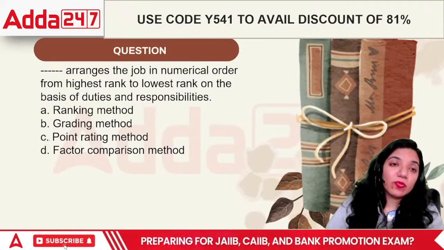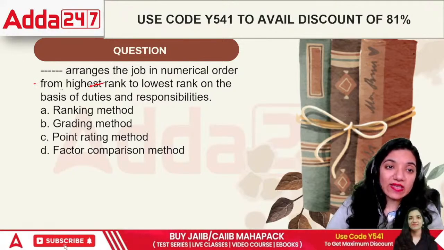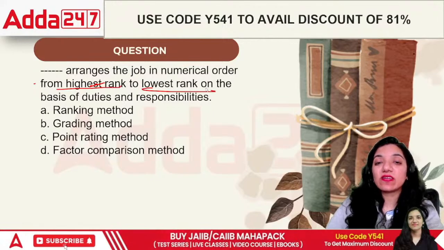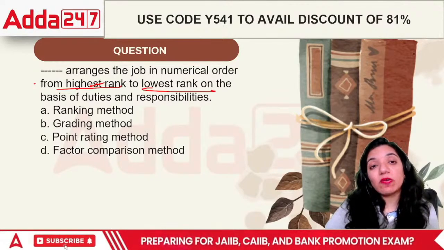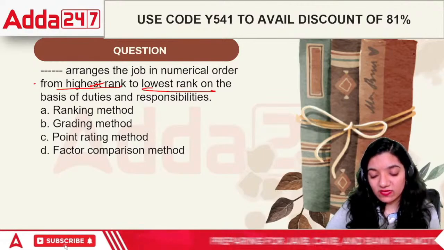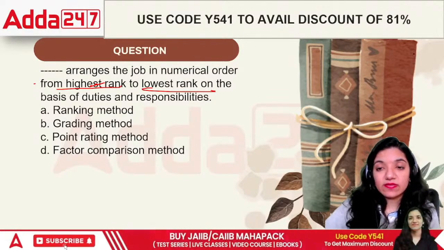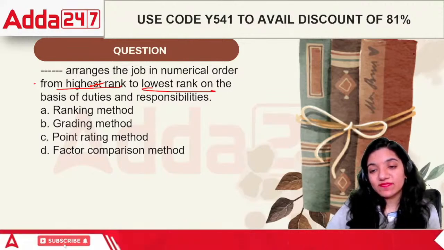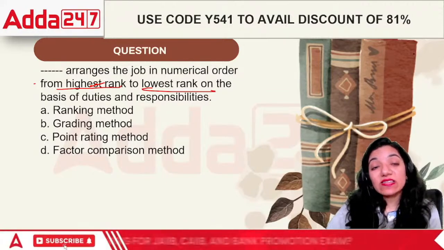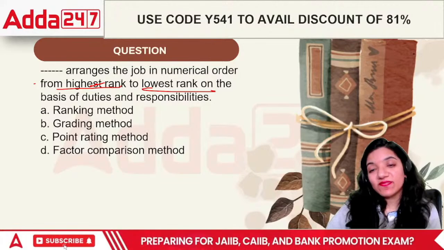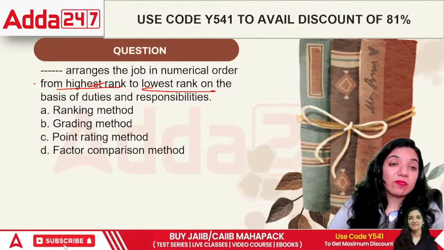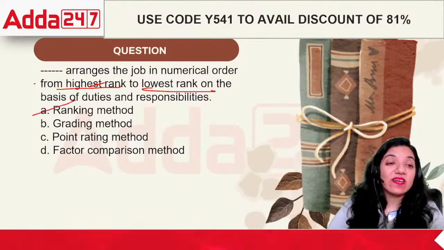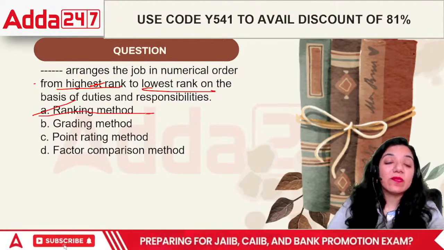The question itself mentions putting jobs into different ranks, from the highest rank to the lowest rank. In this case, the correct answer would be the ranking method. Since we are putting them into a specific sequence, it's called the ranking method.